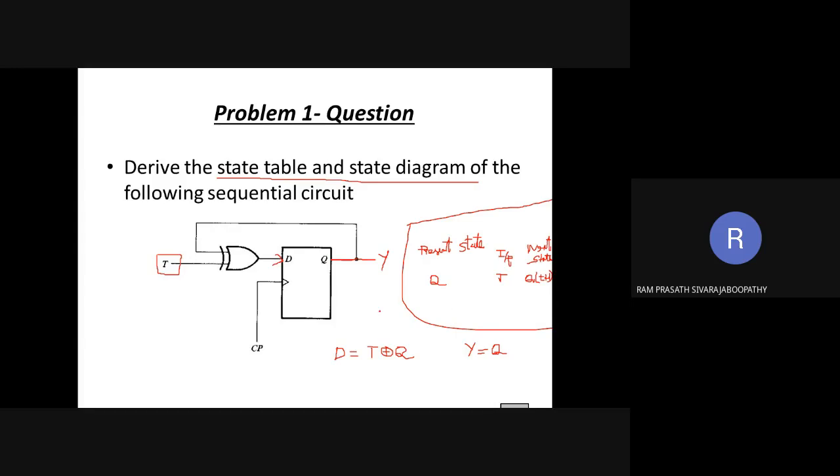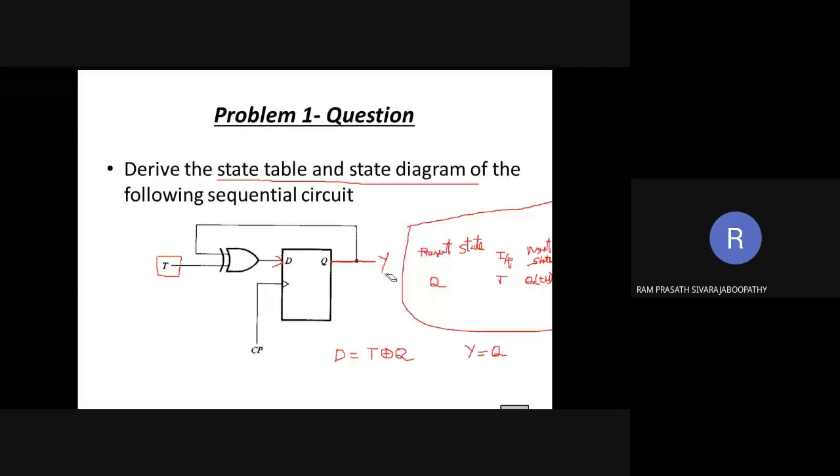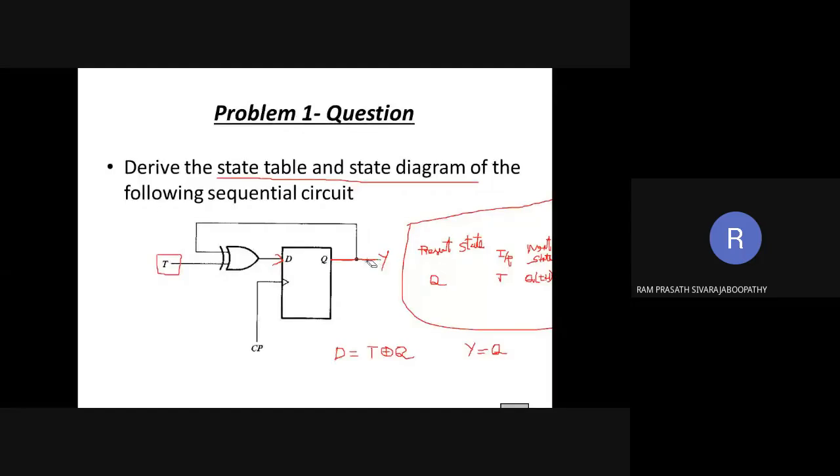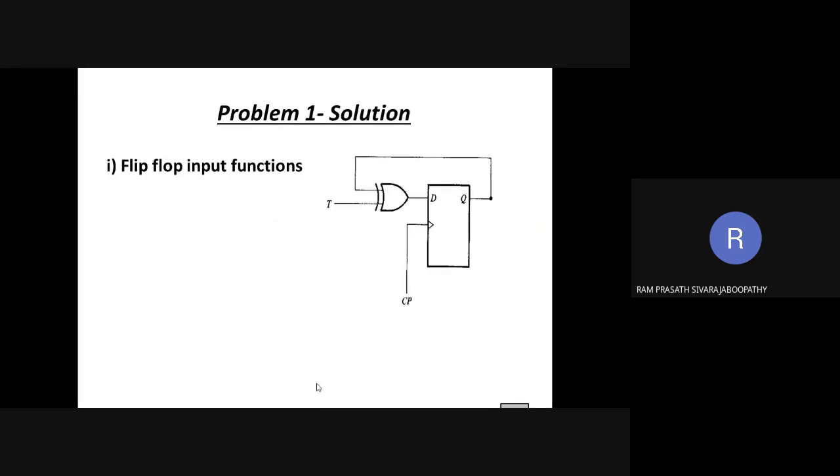So இங்க நமக்கு Y கிடையாது, so அதனால அதை worry பண்ண வேண்டாம். Fine. So from this circuit, the flip-flop input function D equals Q XOR T or T XOR Q, both are correct. We don't have any output.